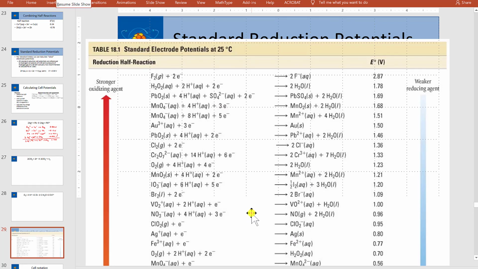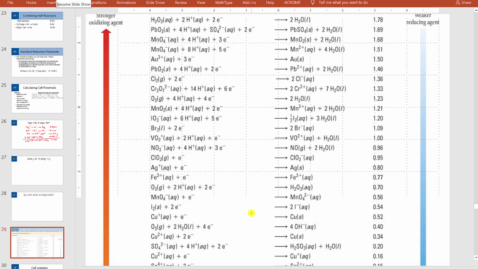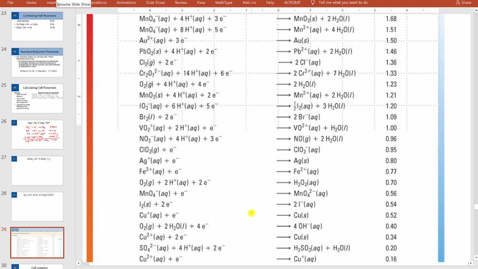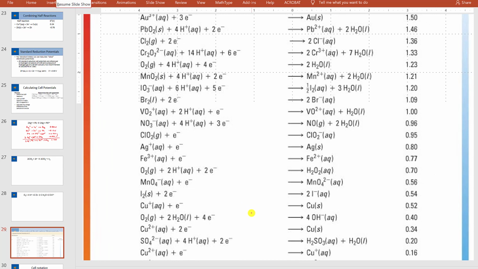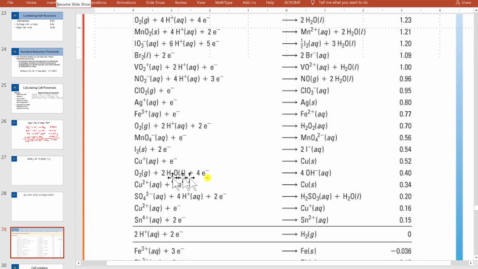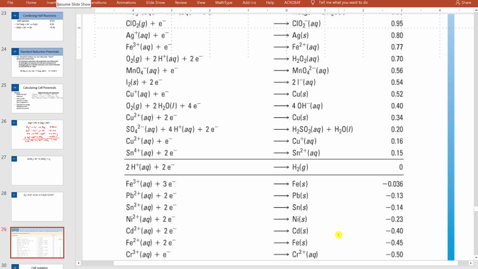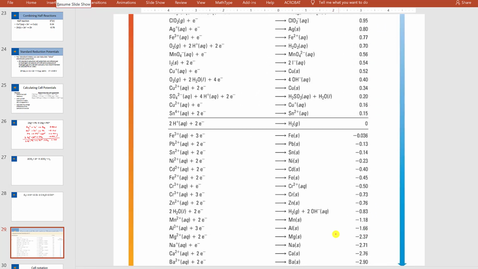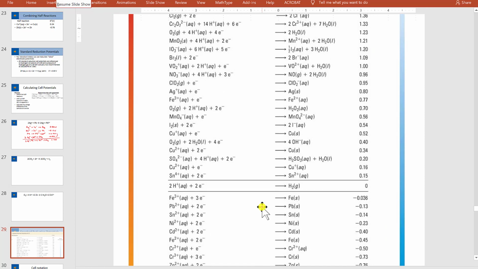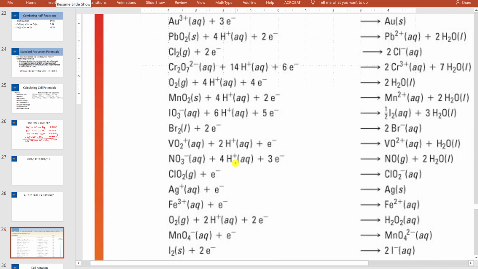So let's see, we're going to be looking for O2, right? And so I have an O2 here. This is O2 plus 2H plus 2 electrons, but this is H2O2 over here, so that's not it. Then I have a one for OH minus, so that's not it either. Oh, wait a minute.